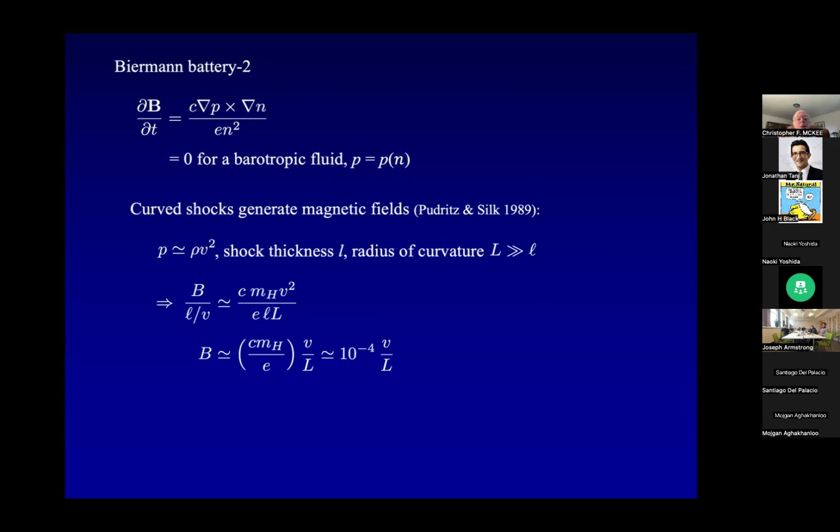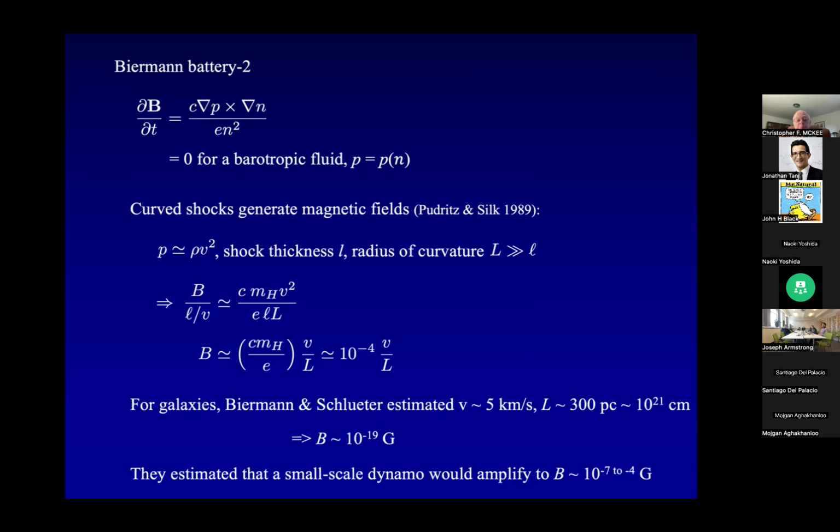And so that gives me a mass of the hydrogen atom. I get the V squared, I have the C. The densities cancel out, and I get the 2 length scales. So solving for the magnetic field, I find that basically the magnetic field is a fundamental constant times V over L.